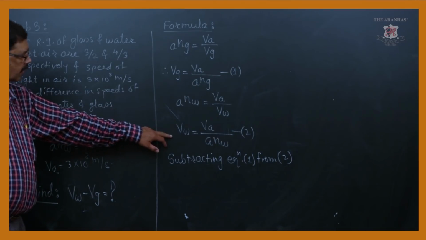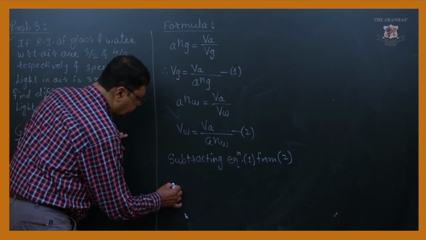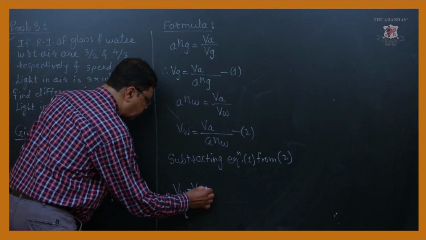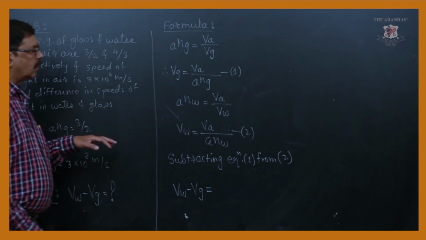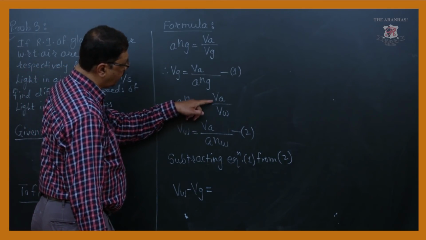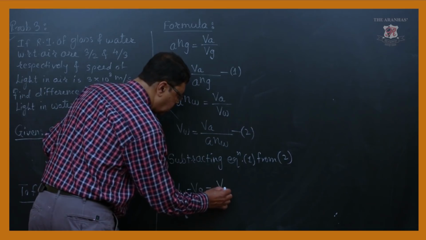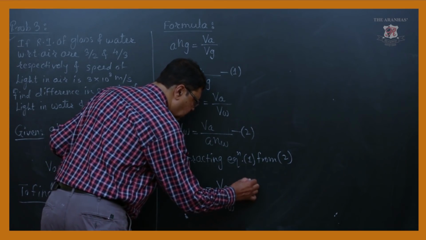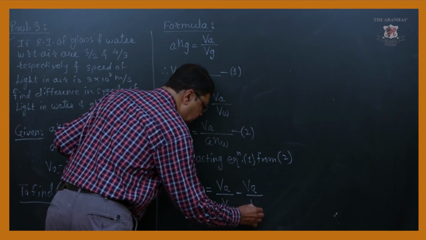You subtract the left hand side from left hand side. So on the left hand side I get VW minus VG equal to. Do the same process on the right hand side. So it will be VA upon ANW minus VA upon ANG.